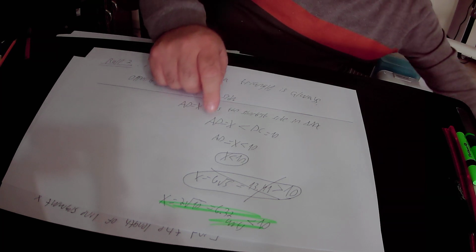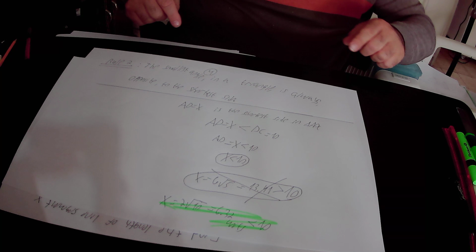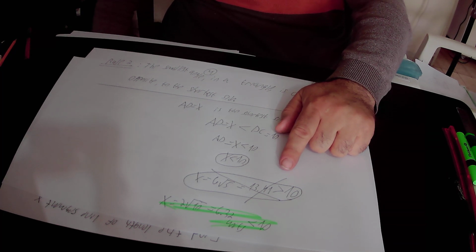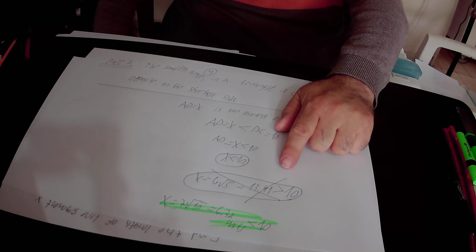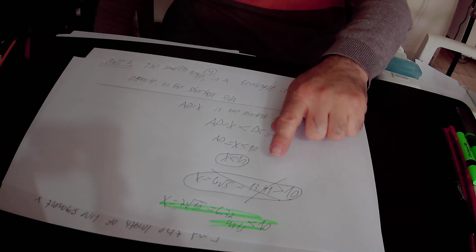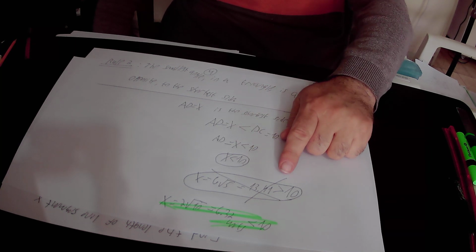According to the first solution, we got that X equals 6 times square root of 5 units. That is 13.41, which is greater than 10. So X is greater than 10 according to this solution, but X must be less than 10. So this solution is incorrect.